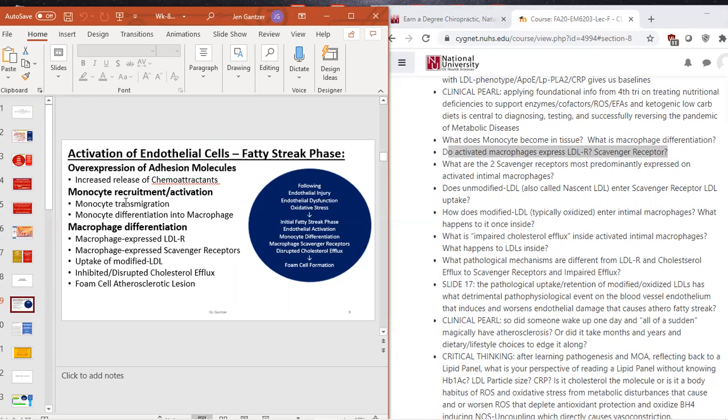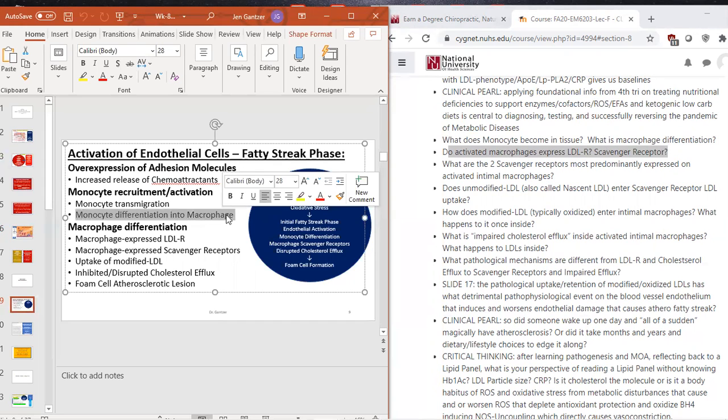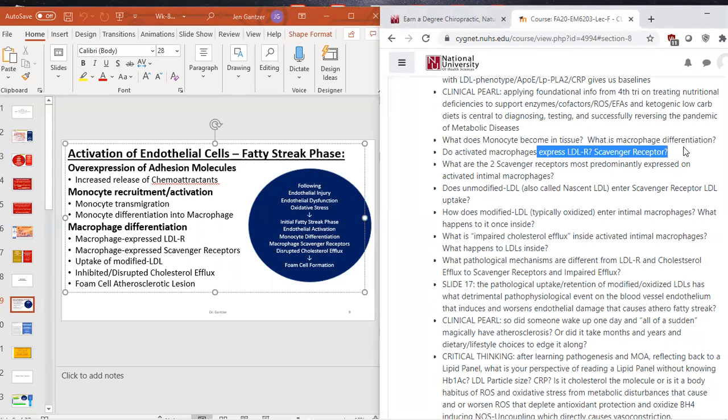Once it's inside the tissue, now we're talking the macrophage, and monocyte is transmigrating and it's turning into the macrophage, and that's in the intima blood vessel. So as the macrophage differentiates, now here's answering your question. What is the macrophage expressing?